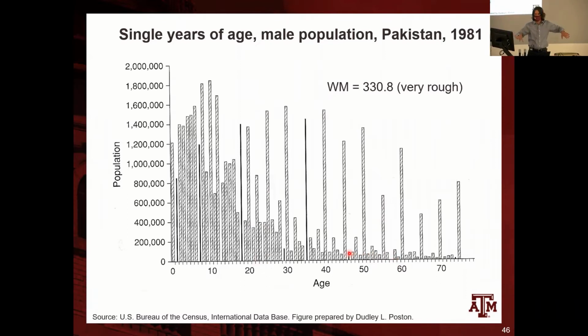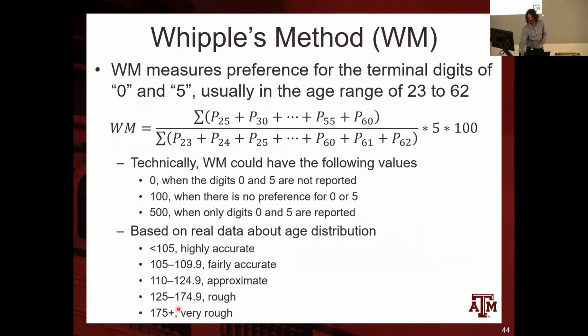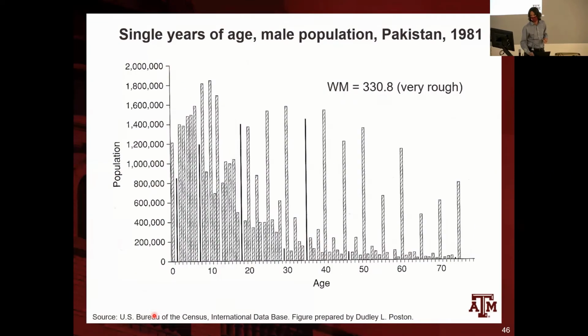Whipple's method here gives us 330. It shows that the data collected for Pakistan in 1981 is really rough. It's not reliable, right? We got well past 175, more specifically a really high 330. With this data, I would not use single ages.